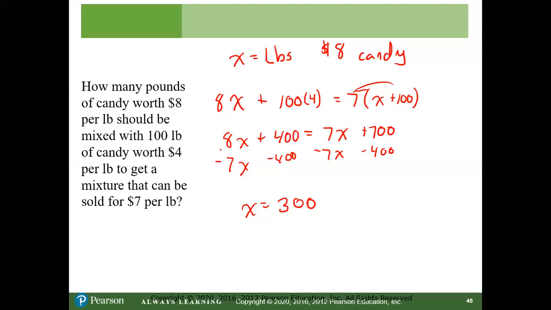But this is sort of how you do it. You can use some algebra to create this mix, create a price that is less expensive than the full $8 per pound candy, and you can try to get rid of this candy that nobody wants to buy.